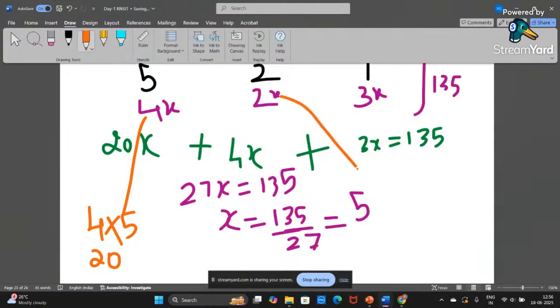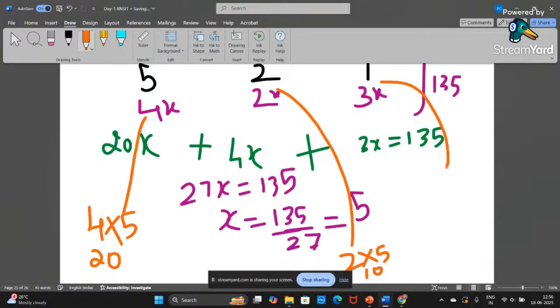And let us find out for this also. 2 into 5, it is 10. Then for this, 3 into 5, it is 15.